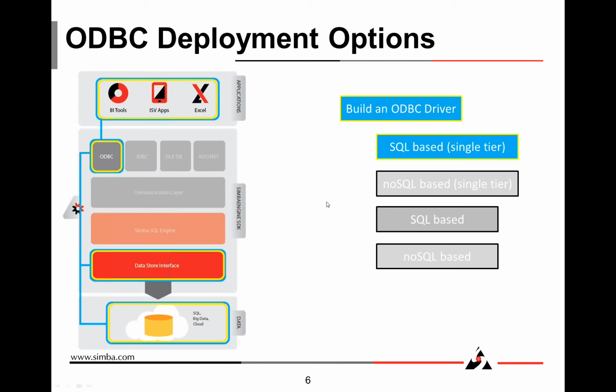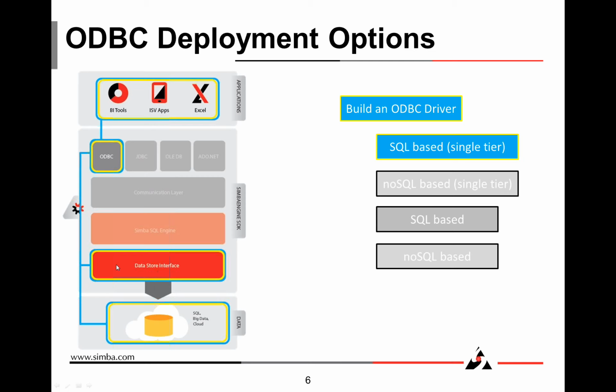So this is the same graphic we just looked at, but let's talk about what pieces of the Lego blocks you would need if you were going to build an ODBC driver, and the data was SQL based, and it is single tier. So this is a very simple deployment option. The resulting ODBC driver would be installed on the client machine.